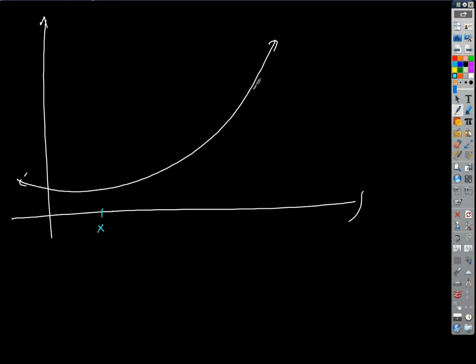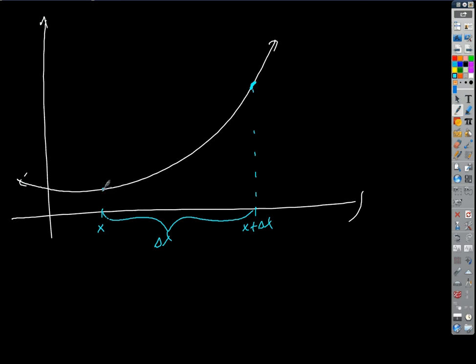Let's go out here. So we're going from this point up to that point. How would I calculate the average rate of change? Ren, what do you? Okay, good. So we need the y values, don't we?